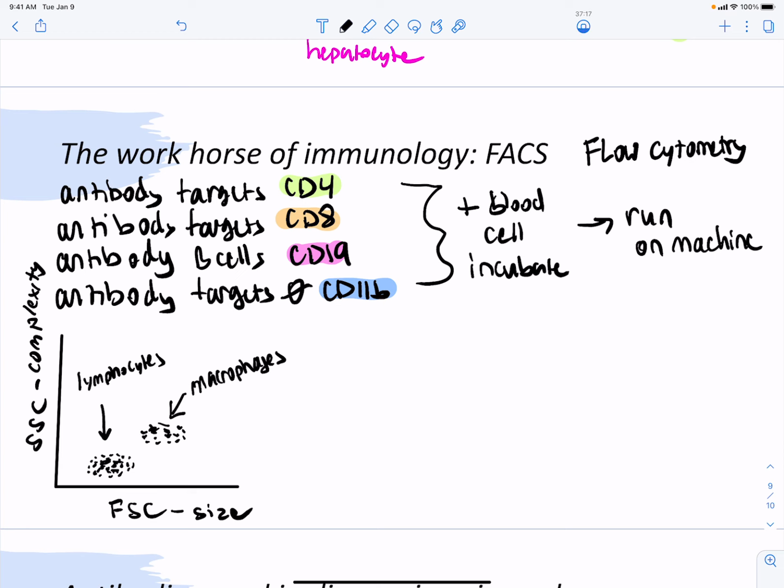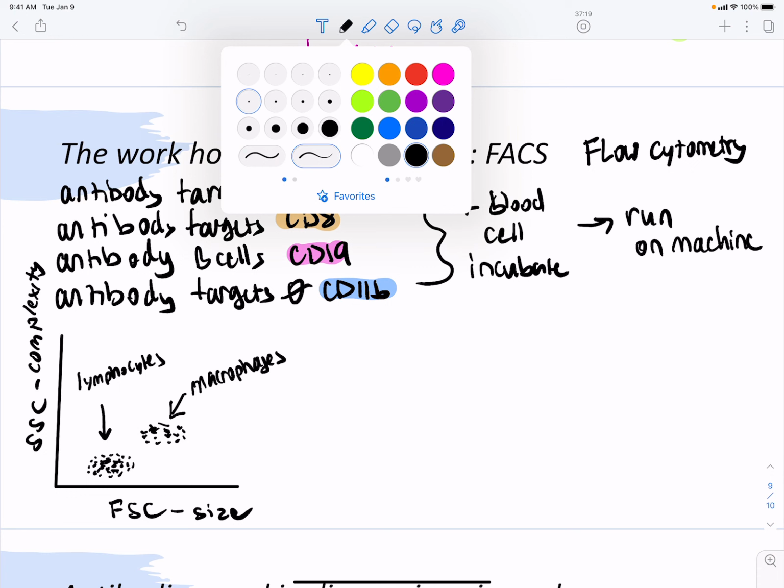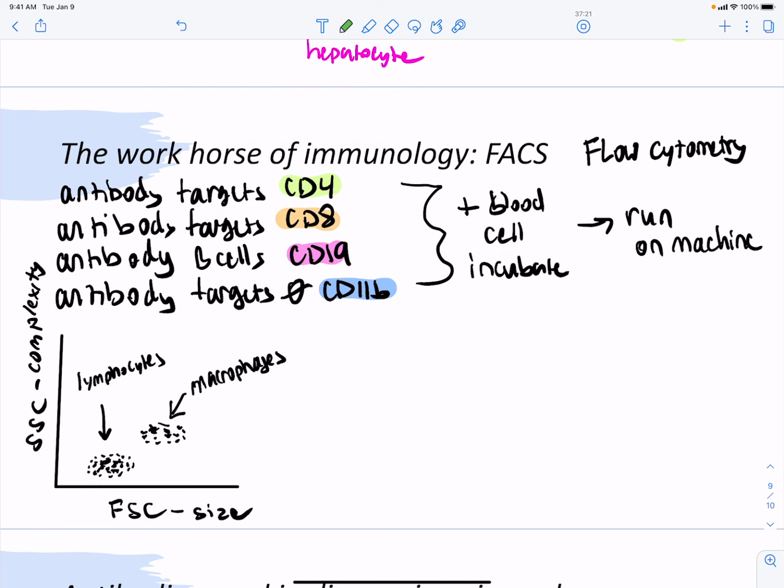Now what you can do is you can take these populations. So for example, we want to look at our macrophages, so we'll draw a box around our macrophages. And then we'll move those macrophages and we'll look at them more closely. So we do have a macrophage marker in here.